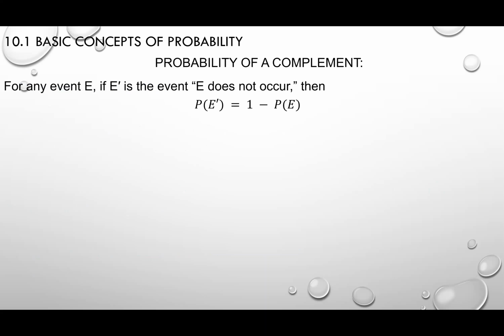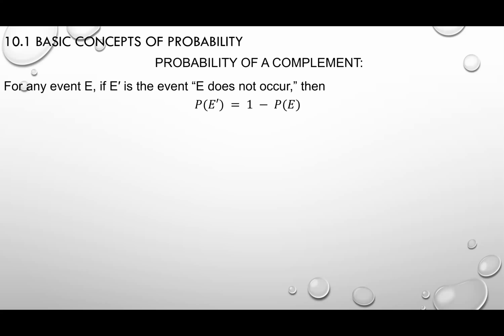The next set of definitions is if we have a probability of an event, which is your E. Now they turn around and ask, what is the probability of not the event? What is the probability that the event does not occur?